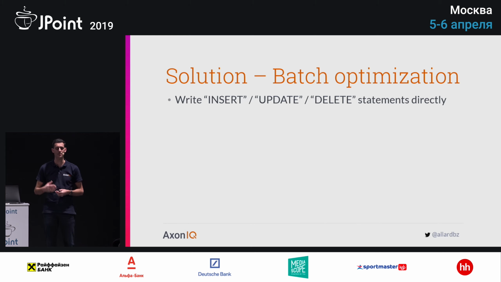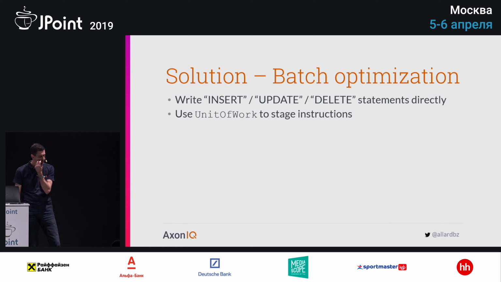So this example used a relational database. We also ran the benchmarks on Mongo, and we had very similar performance characteristics. But we can write these statements directly, right? Save us from loading an entity or loading anything from the database. So that should double it, right? Now in Axon, there's this concept called unit of work.